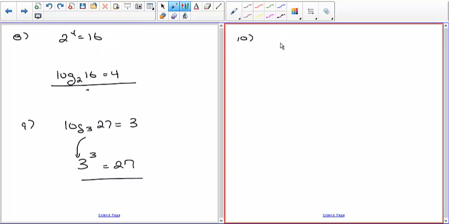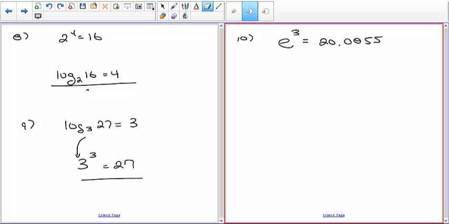Number 10: e to the third power is equal to 20.0855. Now the base here is e. So we take log base e of, again, switch sides here.